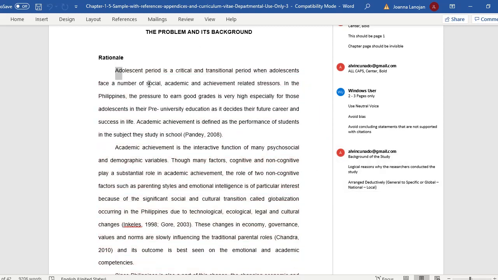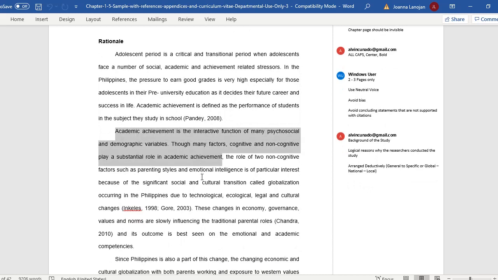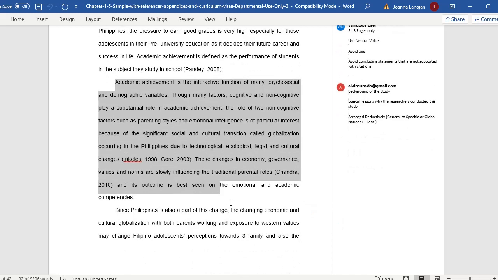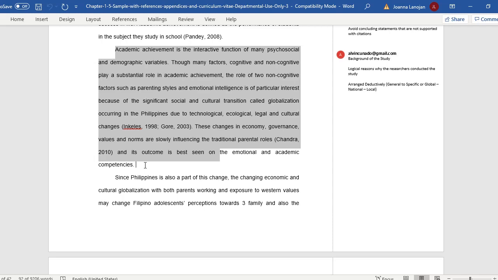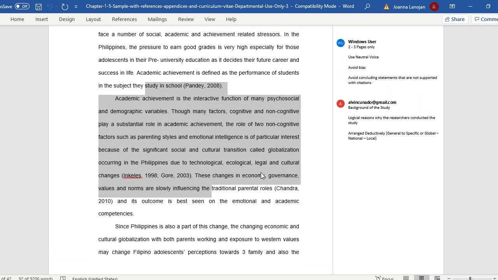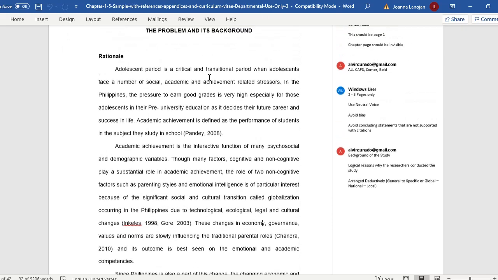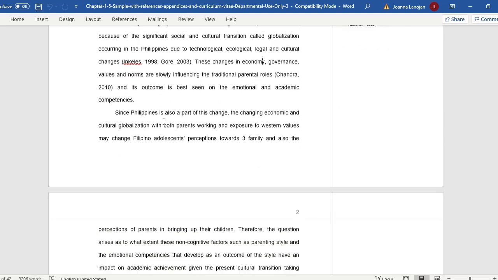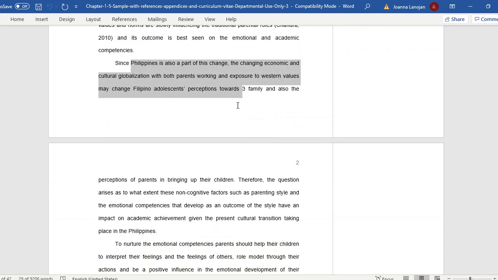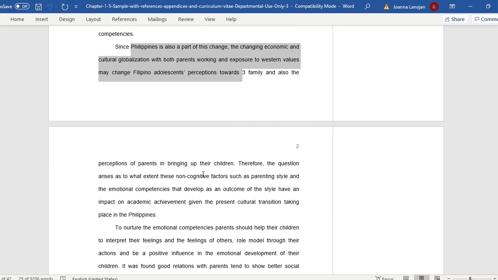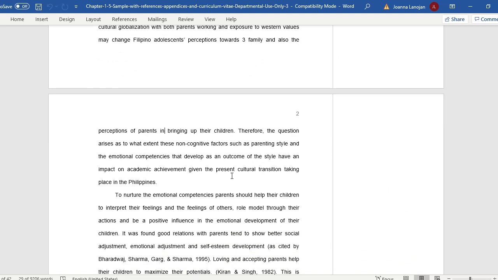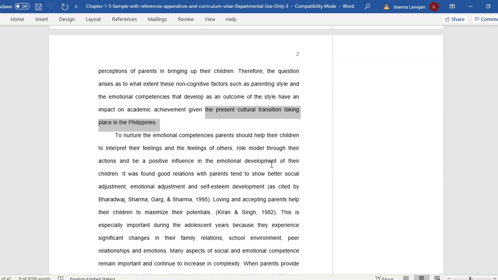If you noticed, it starts with the adolescent period, then academic achievement, then the Philippines. So this is like the global context of the phenomenon. It says the Philippines is part of change, and so on. Therefore, the question is, present cultural transition taking place in the Philippines.